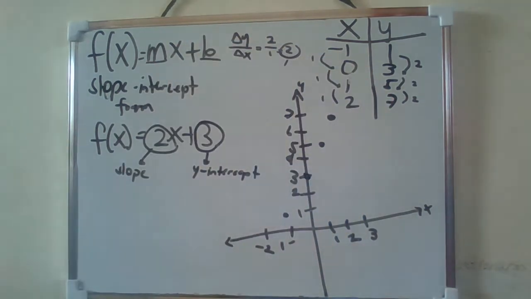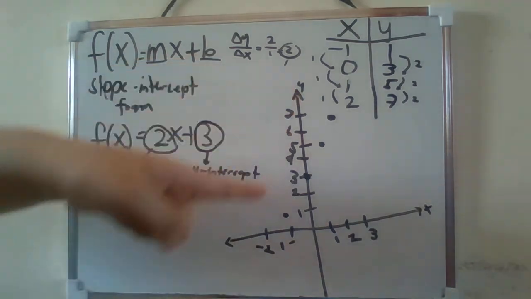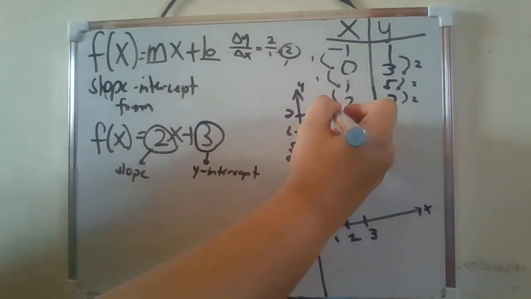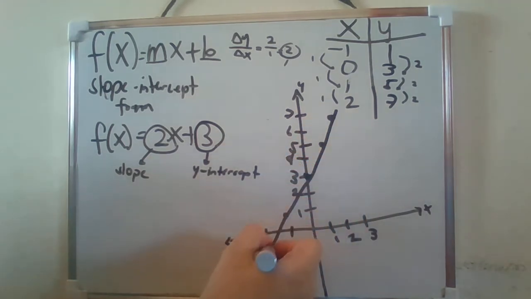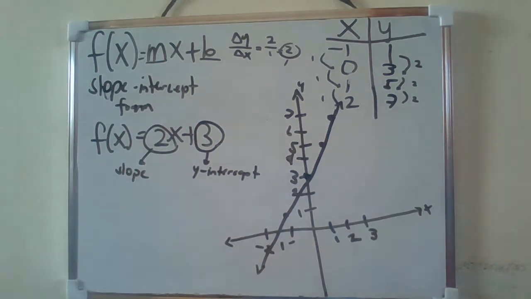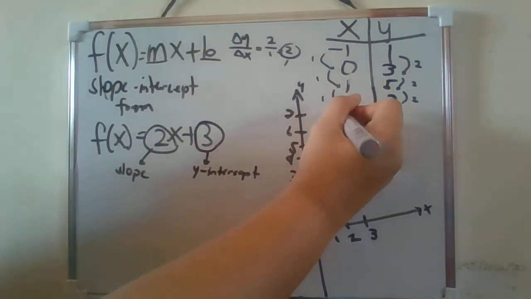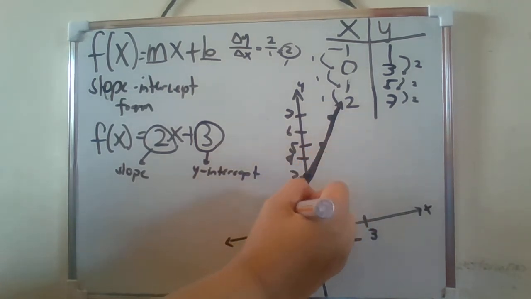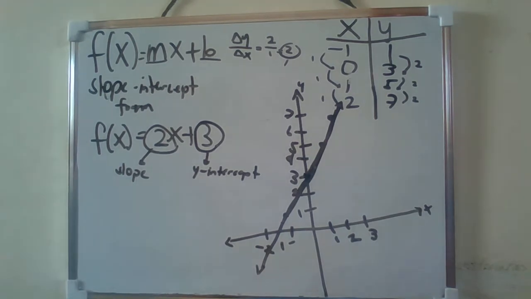Ayan. Okay. So, kung i-connect natin itong ating dots, connect the dots, nag-form siya ng linear. Yan yung linear graph natin. Okay. Sorry, hindi lang straight yung aking line, pero ayan, imagine natin na straight siya.